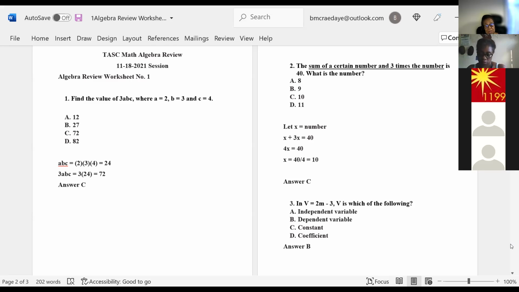Actually, the amount that you can buy is dependent upon the amount of money you have to spend. So that's how you can look at it.